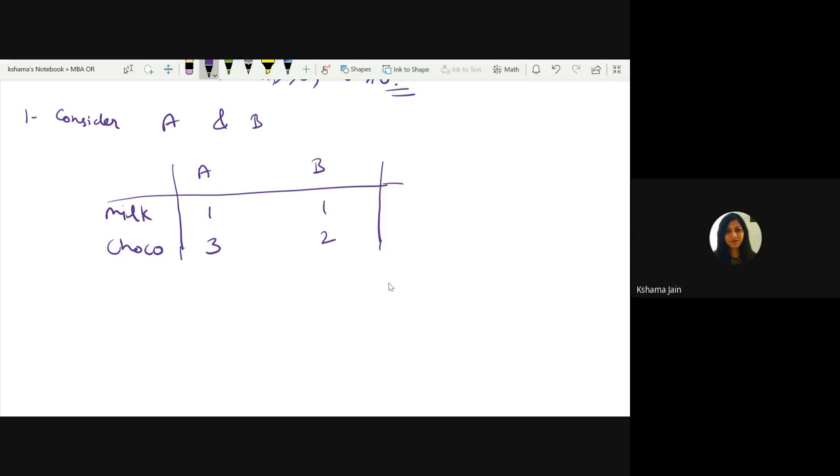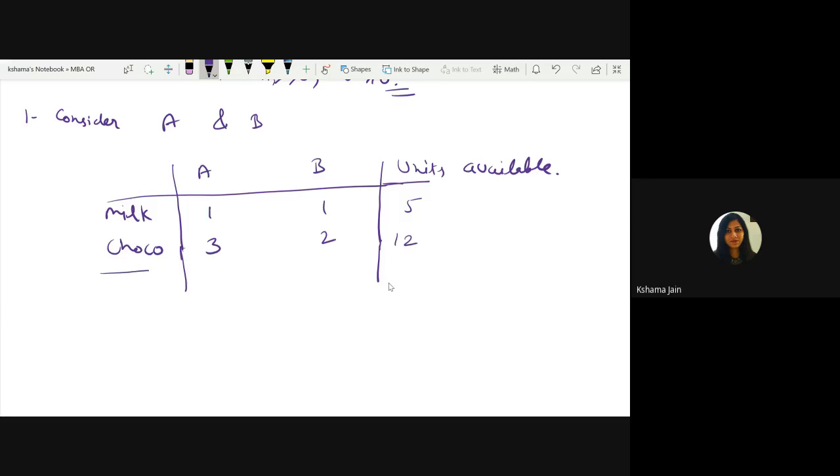The company has a total of 5 units of milk and 12 units of choco. This is the company capacity, so we write units available.